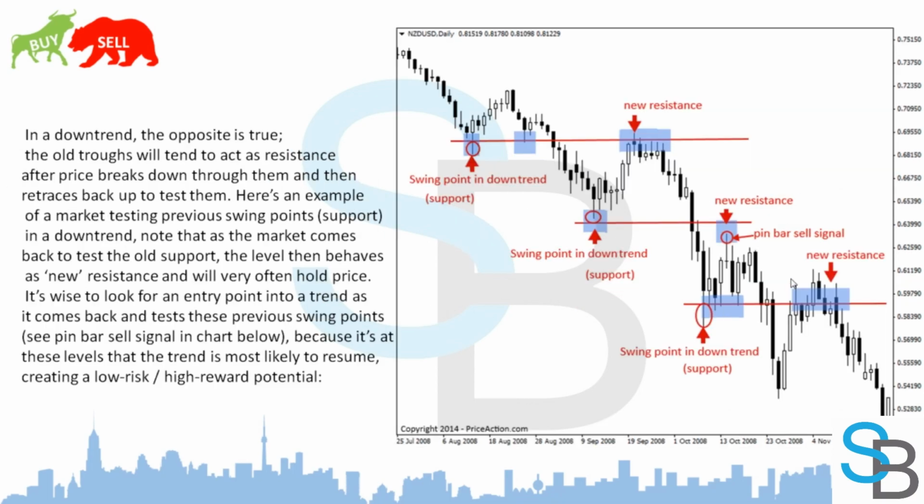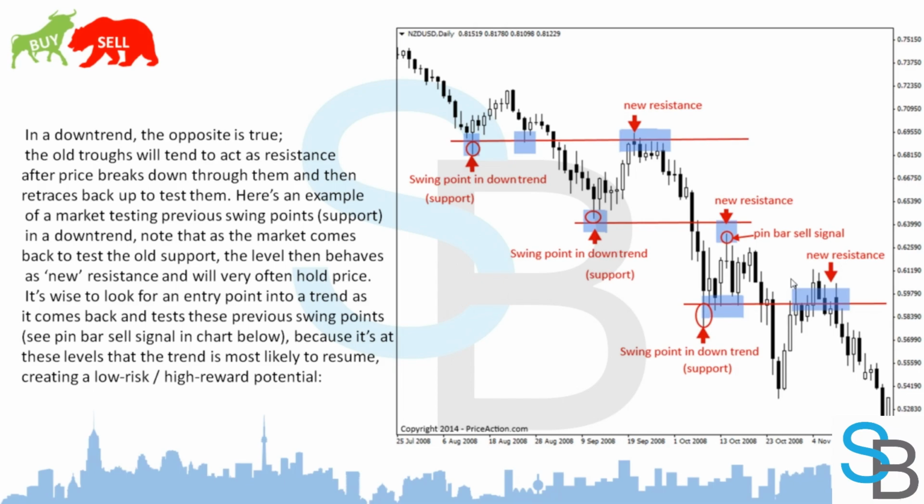So in a downtrend, the opposite is true. The old swing lows will tend to act as a resistance after price breaks down through them and then retraces back up to test them. Here's an example of a market testing previous swing point support in a downtrend. Note that as the market comes back to test the old support, the level then behaves as new resistance and will very often hold price.